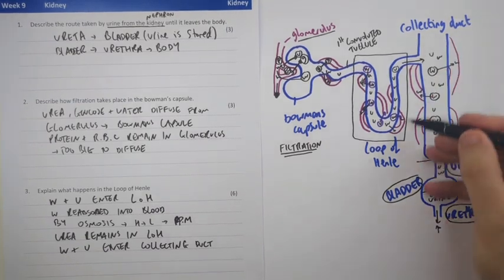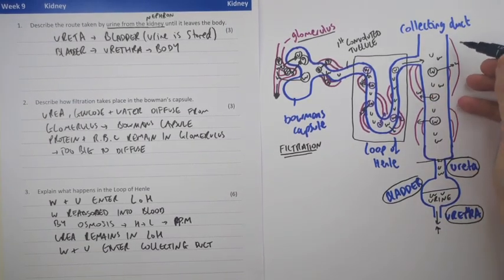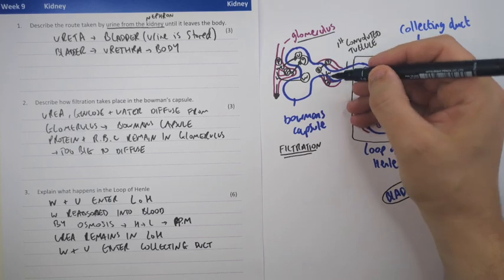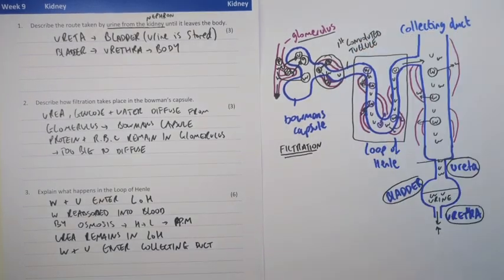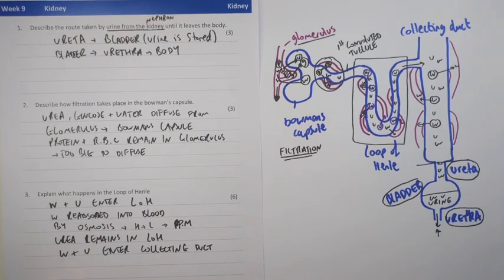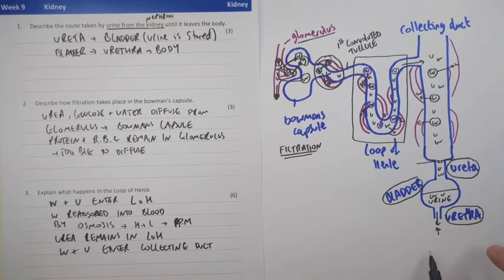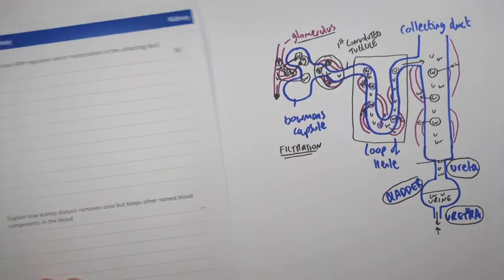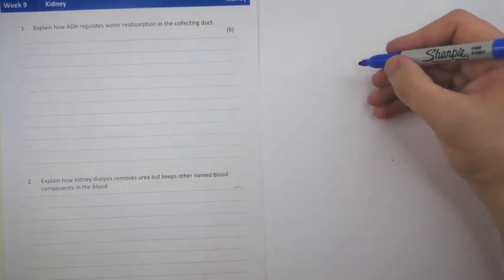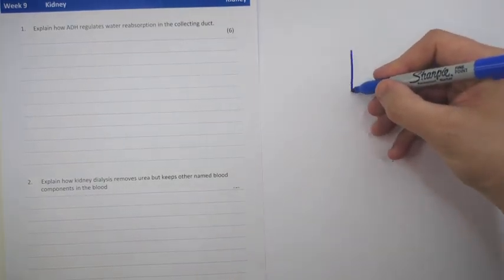We're going to look at this in more detail in a minute, with ADH. First convoluted tubule is where glucose is reabsorbed back into the blood. So this here was the kidney structure. What we're going to look at now here is the collecting duct.